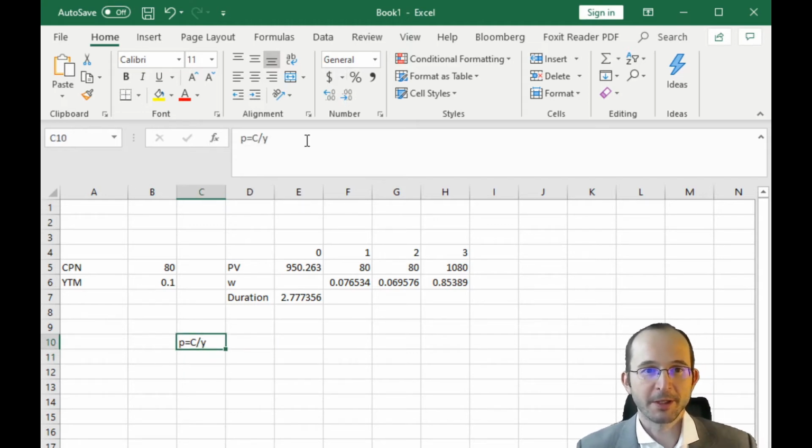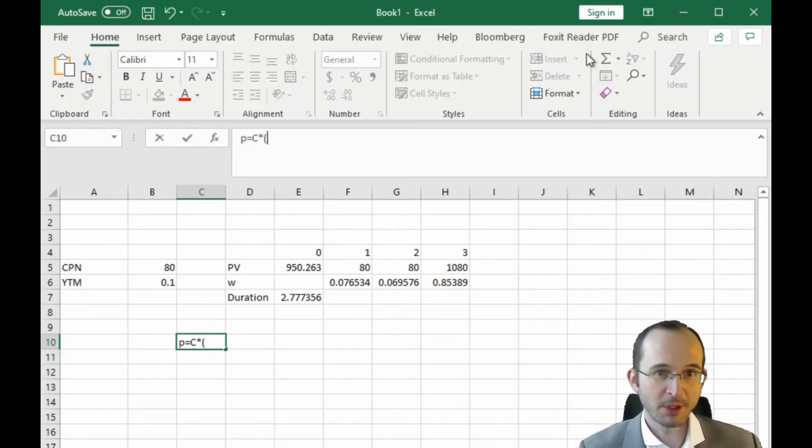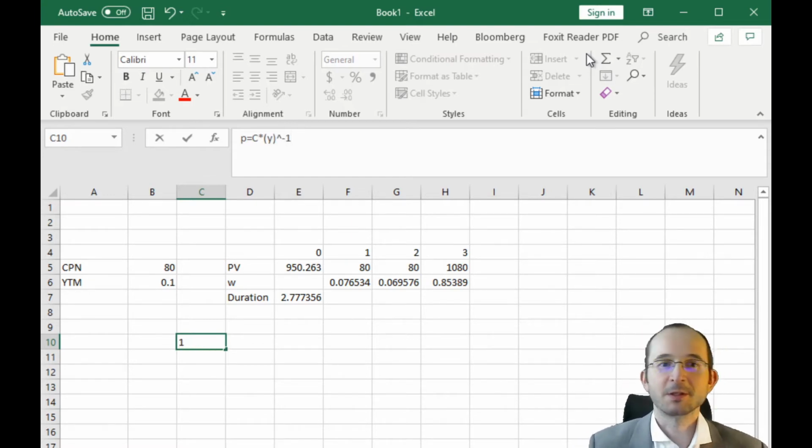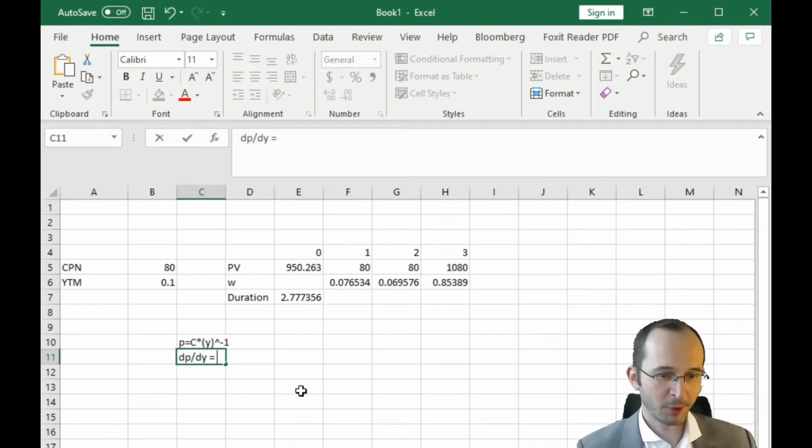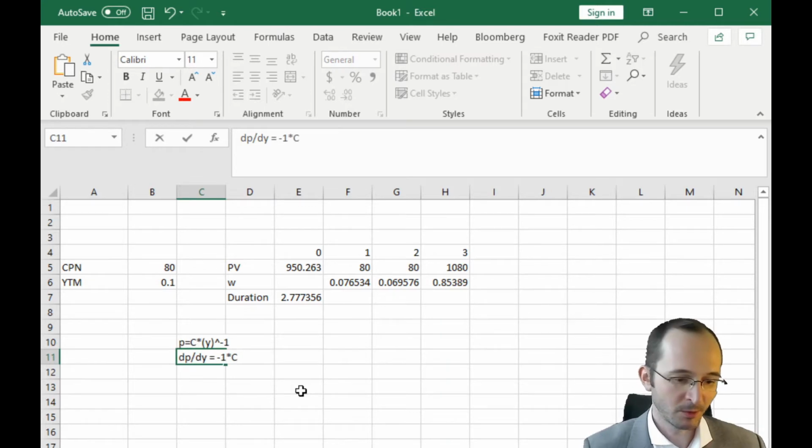We can express that instead as the cash flow times the yield to the -1, right? That's the same thing as saying cash flow over yield. But the reason that we might want to do this is let's take a derivative of this. So let's actually say dP/dy. Well, what's that going to be? The derivative of c times y to the -1, that's going to be -1 times c times y to the -2.